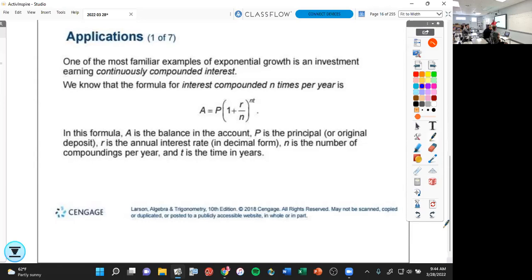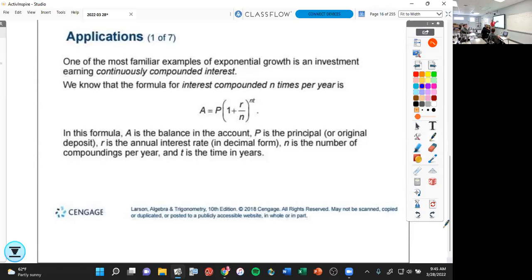So if the interest rate was 3%, and you're compounded monthly, it would be 0.03 divided by 12. Very small number, isn't it? Raised to the 12 times however many years there are. Okay. If it's continuously compounded, it'd be the 3% divided by basically infinity.